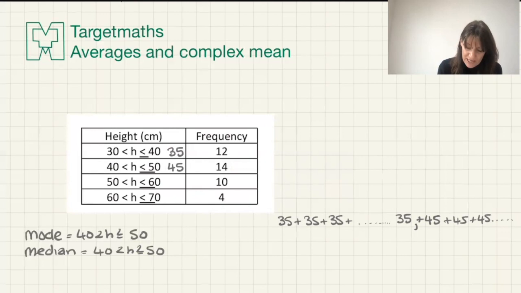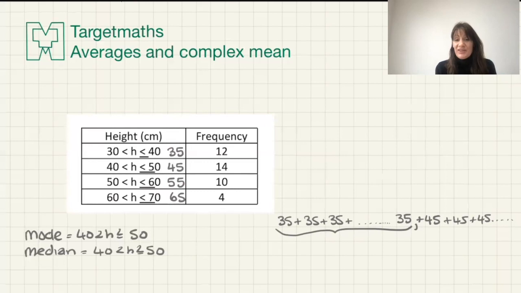And each row will get treated the same. 55 is the fair representation of that class width, and I'd have to add that 10 times over. And then I've got 65 that I would add 4 times over. So if I was to add my 35s up in a chunk, I would basically be doing 35 times 12, wouldn't I?